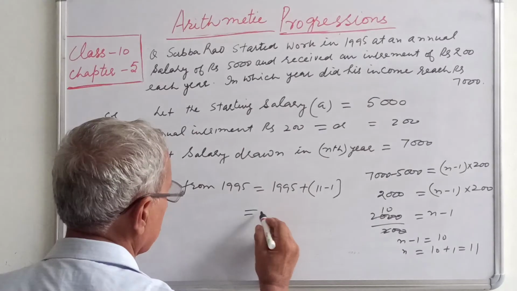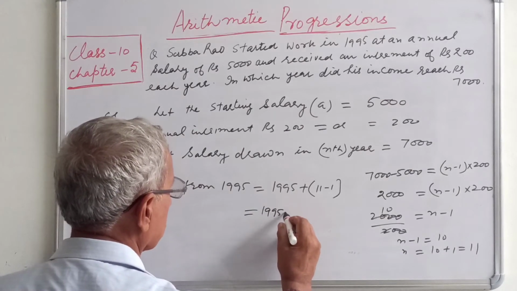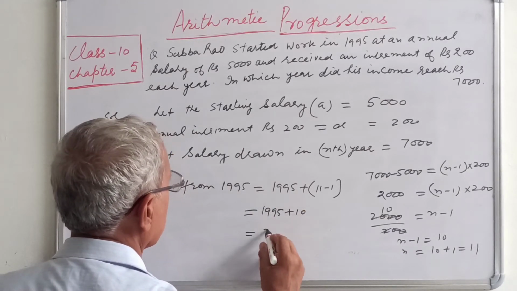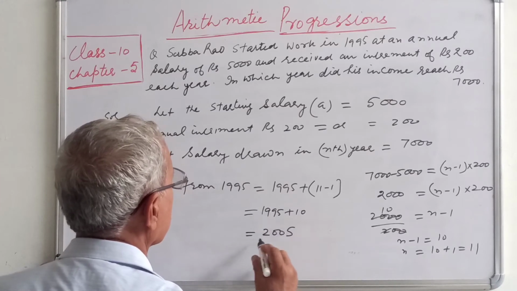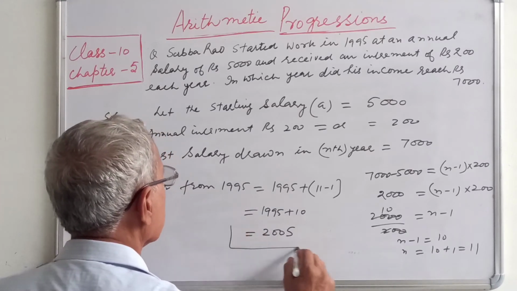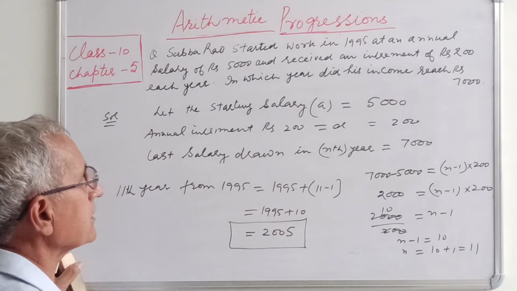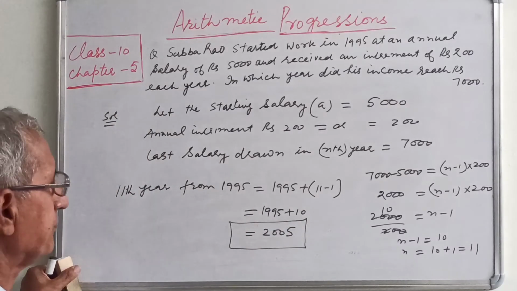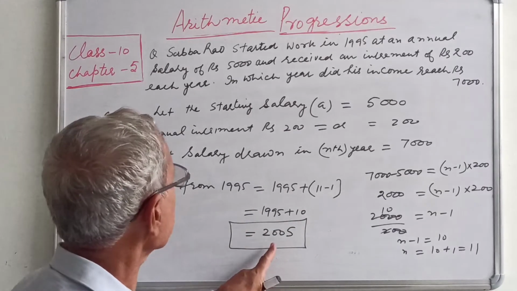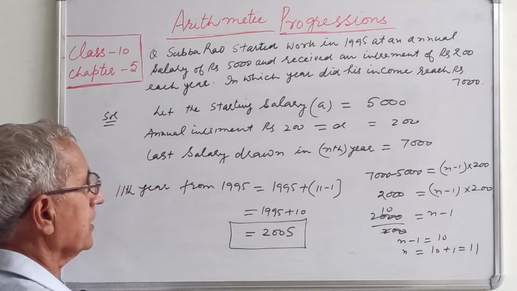So that will be 1995 plus 10, 2005. So in 2005 he will be getting rupees 7,000 as the salary. So this is the answer for the question, 2005.